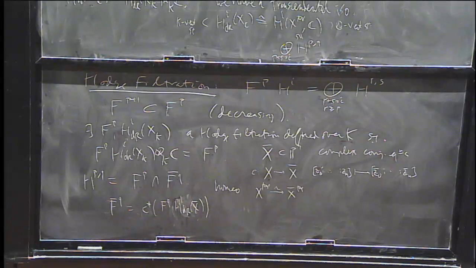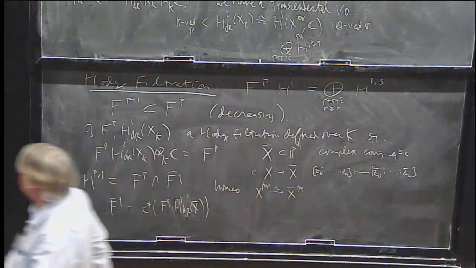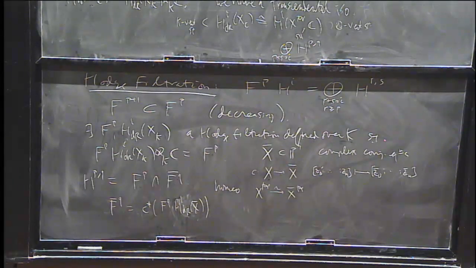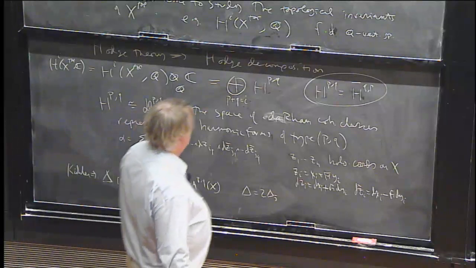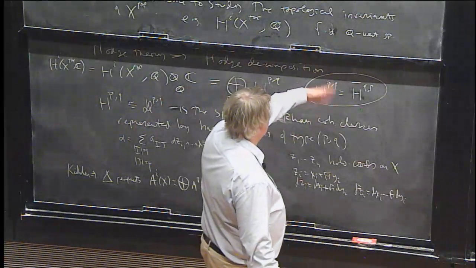Okay, there's a bunch of stuff which I'm definitely not going to talk about today, but which would be in a course on Hodge theory, of course, which is like polarizations and stuff. So the Kähler form gives you what's called a polarization of this thing. It's a little complicated. You have to talk about primitive forms and stuff like that, Riemann bilinear relations and so on. It gives you some kind of metric structure on this.